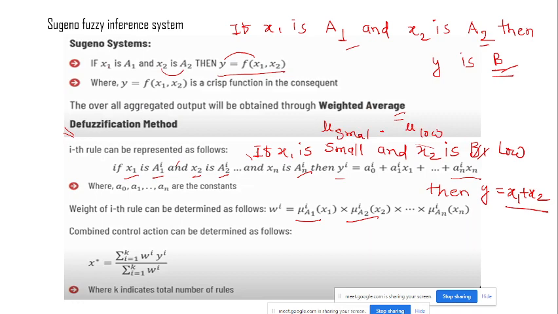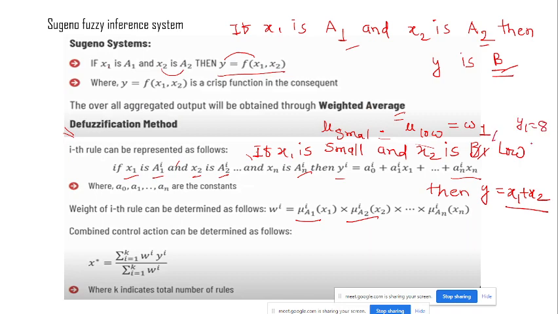You find both memberships, and the product of these is the weight for rule 1. As well as you find the value of y1. What is y1? y1 equals x1 plus x2. Imagine if x1 is 3 and x2 is 5, then it gives 3 plus 5, 8. Then the value of y1 equals 8.